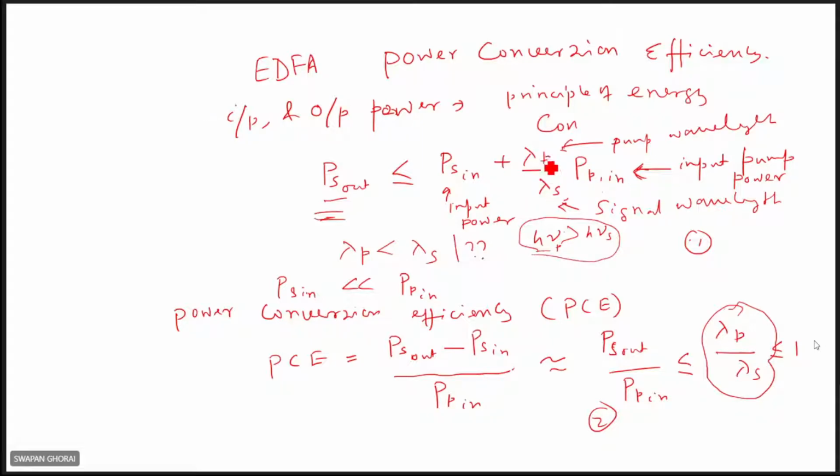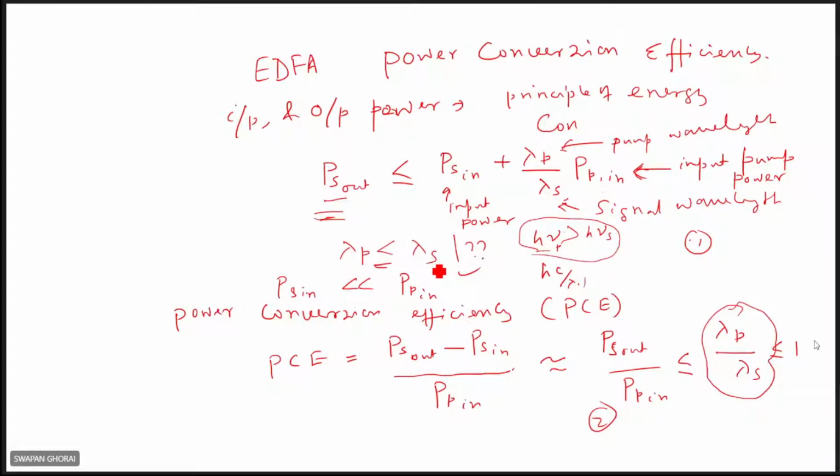You see this ratio will be lambda p by lambda s, where lambda p is the pump wavelength and lambda s is the signal wavelength. Since pump energy is more, lambda p will be less. That's what is mentioned here. So h nu p energy more means hc by lambda, so lambda will be less, then h nu will be more.